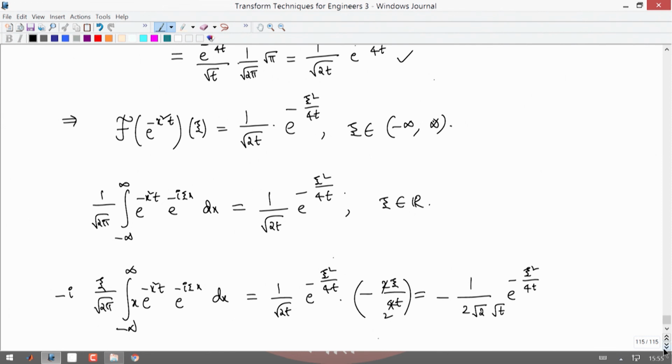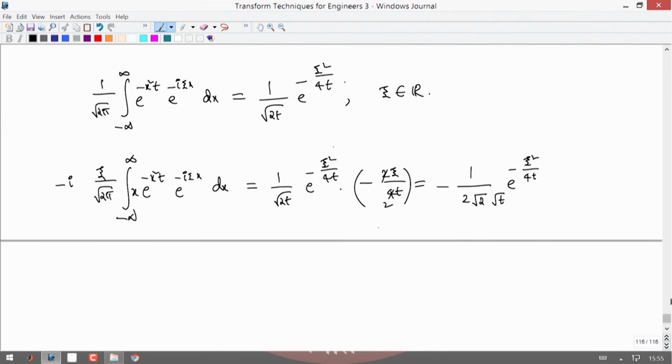So, from this you can see that Fourier transform of that is 1 by root 2 pi, integral minus infinity to infinity x e power minus x square t e power minus I xi x dx. There is a Fourier transform of this part equal to, bring it to that side. So, root 2 goes.